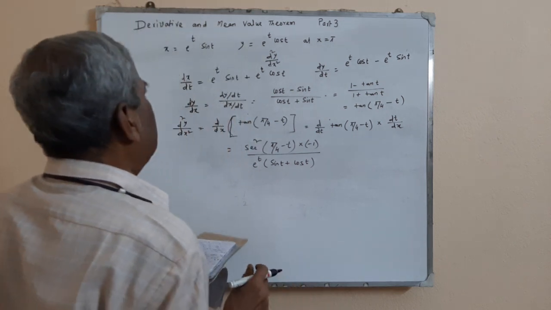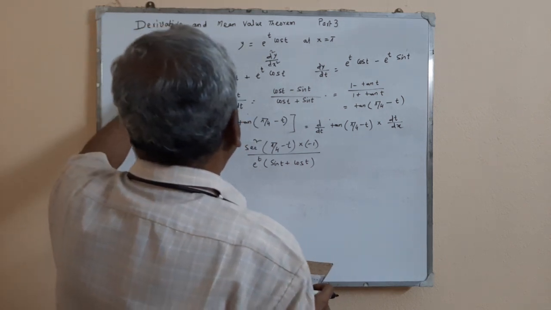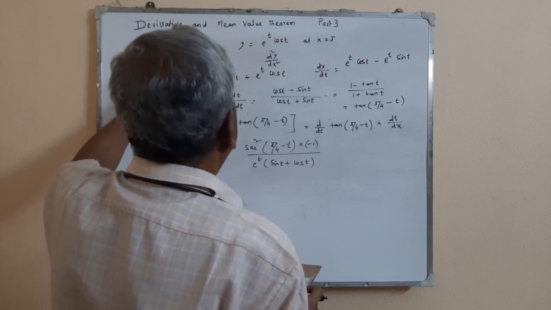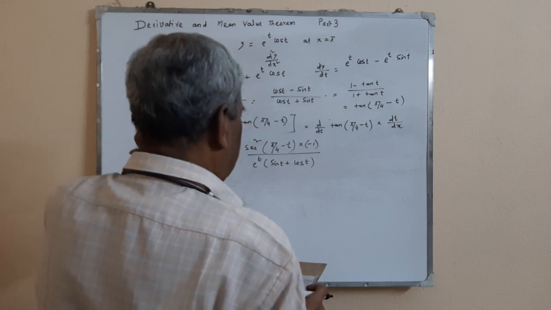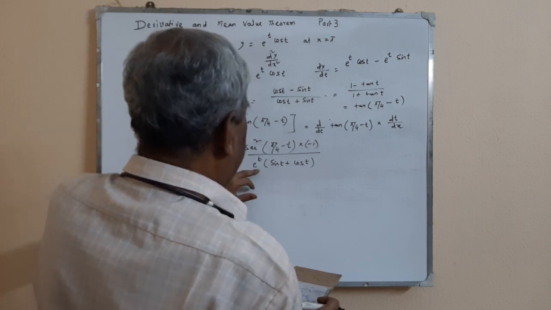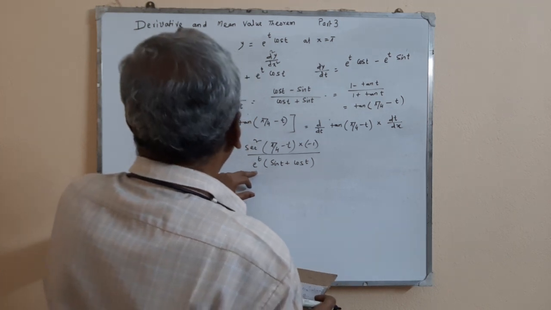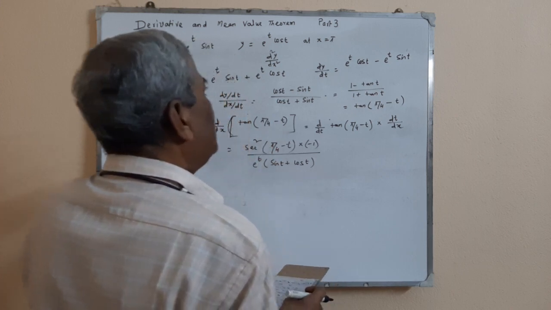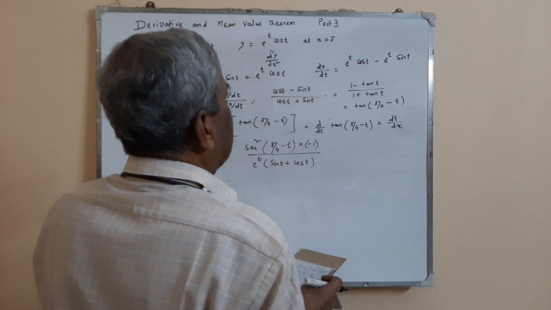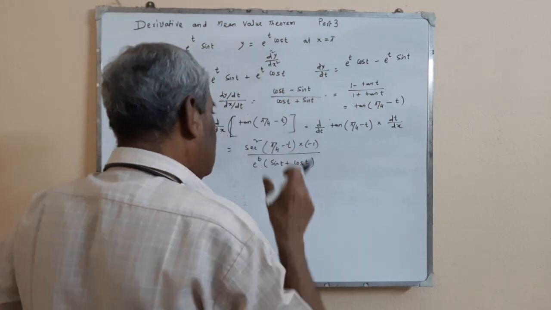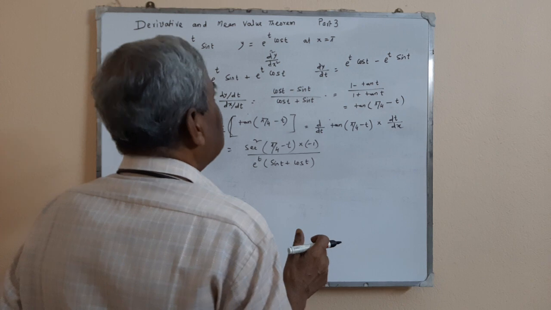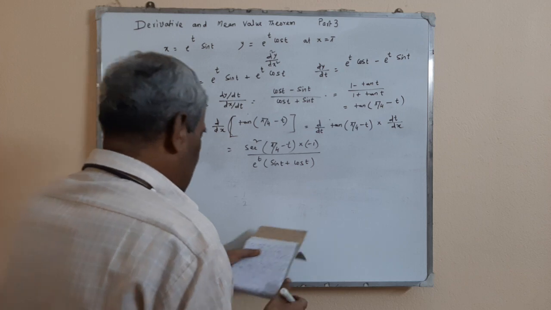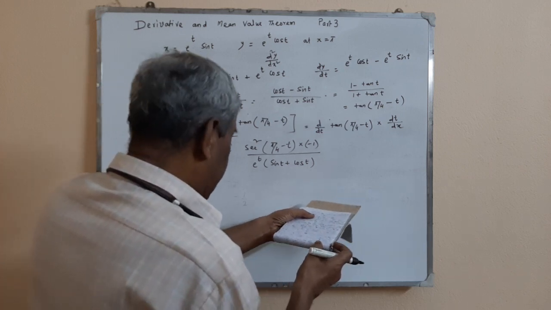X is equal to pi. So it is x plus y. But you see, at x is equal to pi, t, what is t? Okay, I will do it next day.